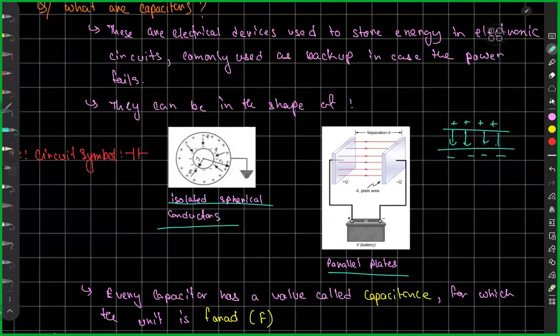Think of it as a cut through the middle, or the cross section, of two spheres. One sphere inside the sphere, one sphere outside the sphere.